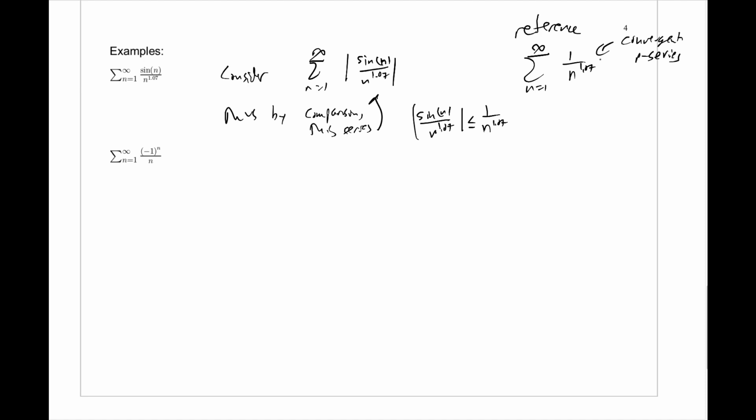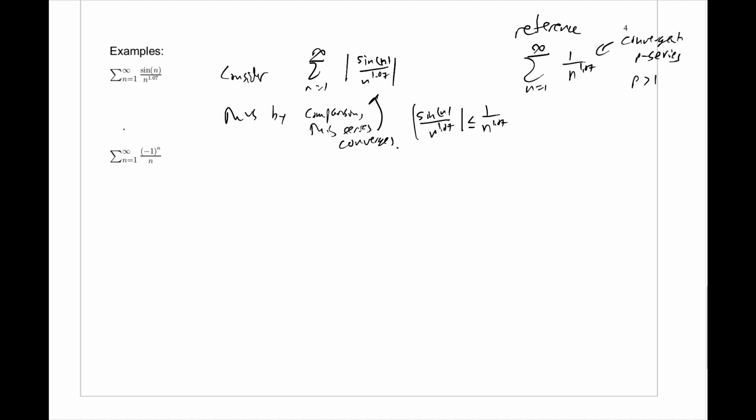I call this a reference series because it's a p-series. P is greater than 1, so it's a convergent series, and the terms of our new series are smaller than the terms of my reference series, which is convergent. So this series converges. So it's important for us to first take absolute values so we can apply the comparison test, then we get all the information we want.